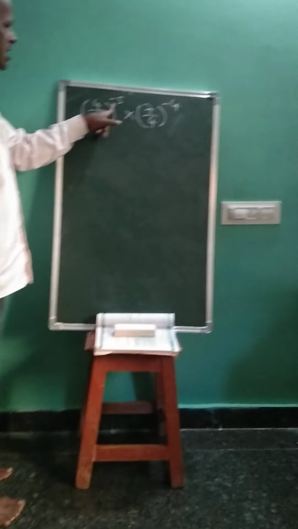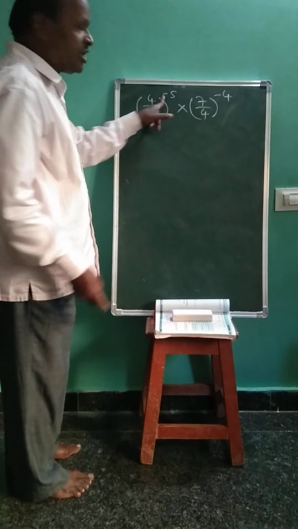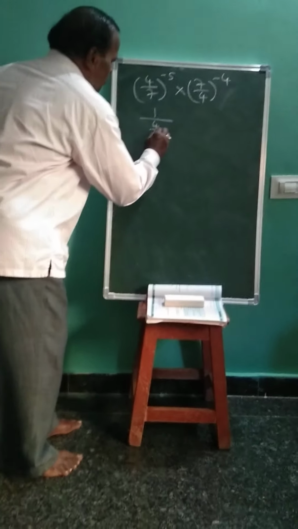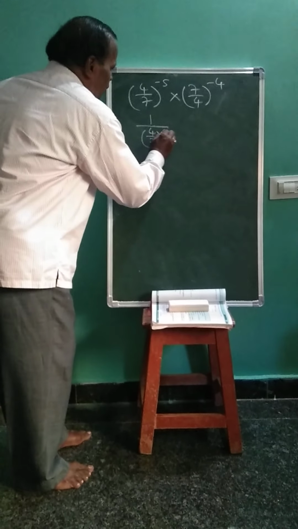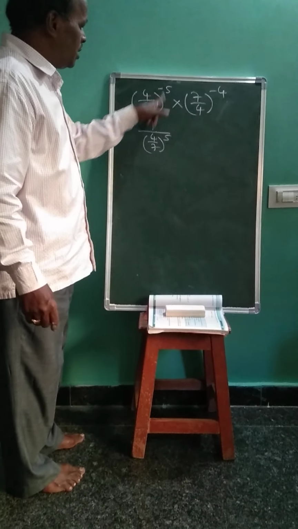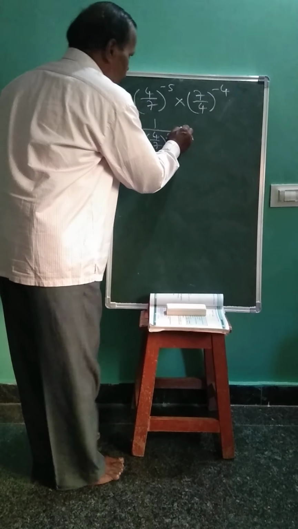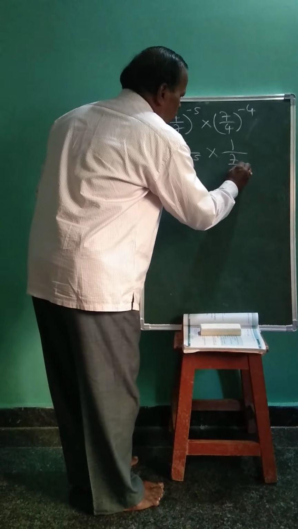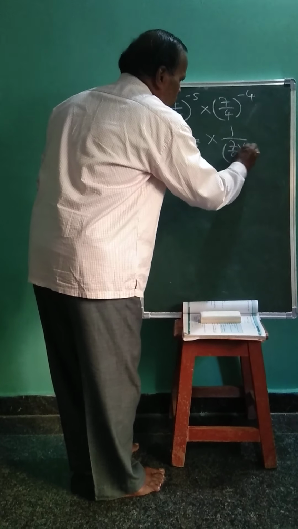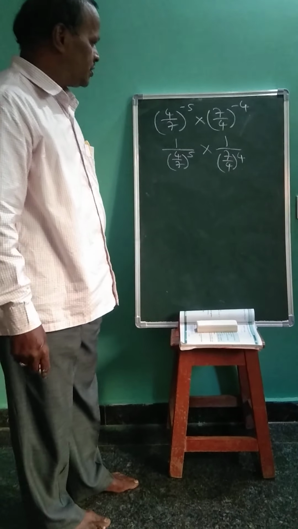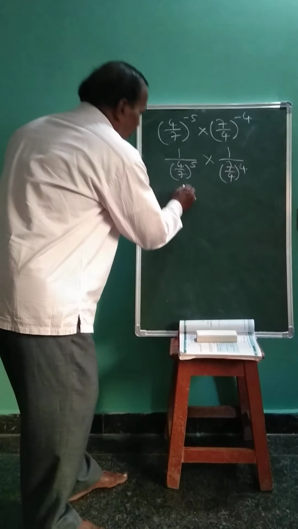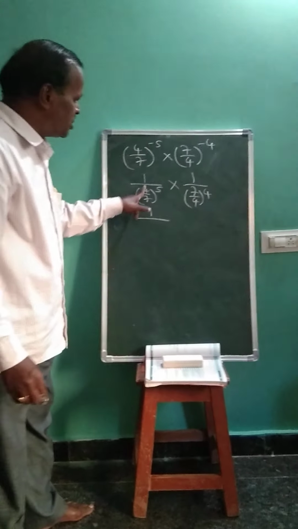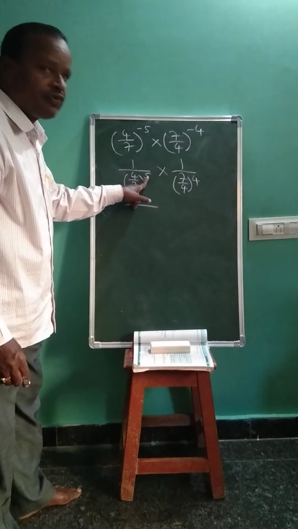Again you see the problem here. 4 by 7 to the power of minus 5, it is negative. So the multiplicative inverse we can write as 1 by 4 by 7 whole to the power of 5, because it is the multiplicative inverse, into 1 by 7 by 4 whole to the power of 4. So 1 by 4 to the power of 5 by 7 to the power of 5, means 4 is 5 times and 7 is also 5 times.